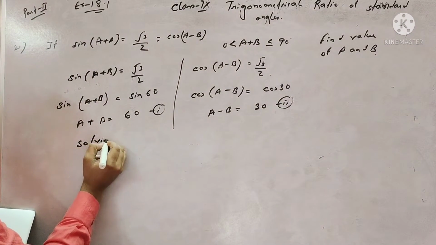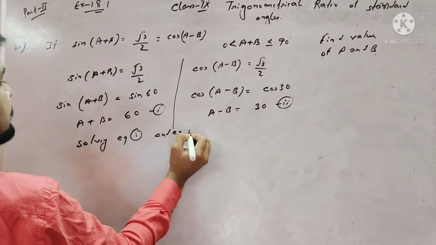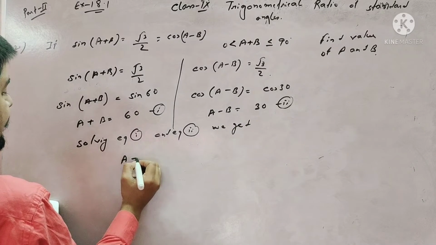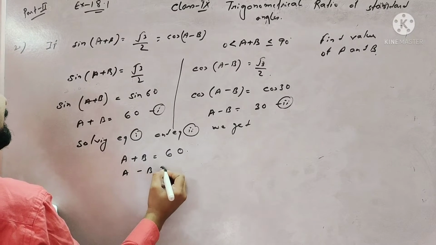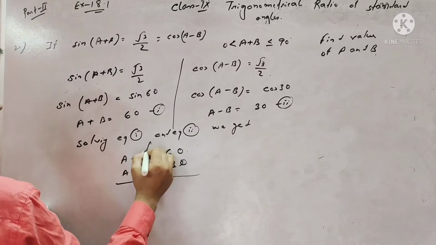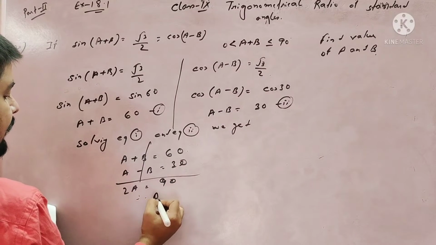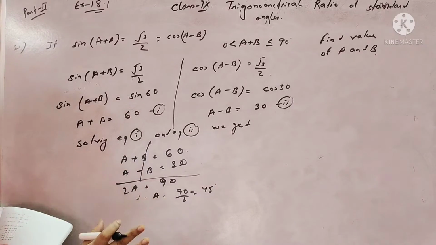Solving equation 1 and equation 2, we get a plus b equals 60 and a minus b equals 30. So plus b and minus b cancel, 2a equals 90. Therefore a equals 90 by 2, that is 45 degree. Value of a is 45 degree.